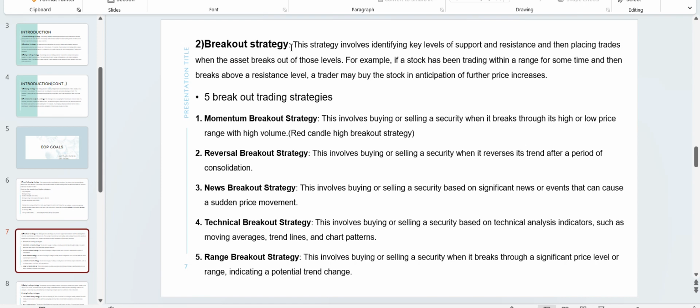So here I have the definition with 5 different styles of breakout strategies. If I discuss all these breakout strategies in detail, it would be 24 hours. So I would like to discuss only one strategy for each style of trading. In this breakout strategy, I will discuss the momentum breakout strategy.